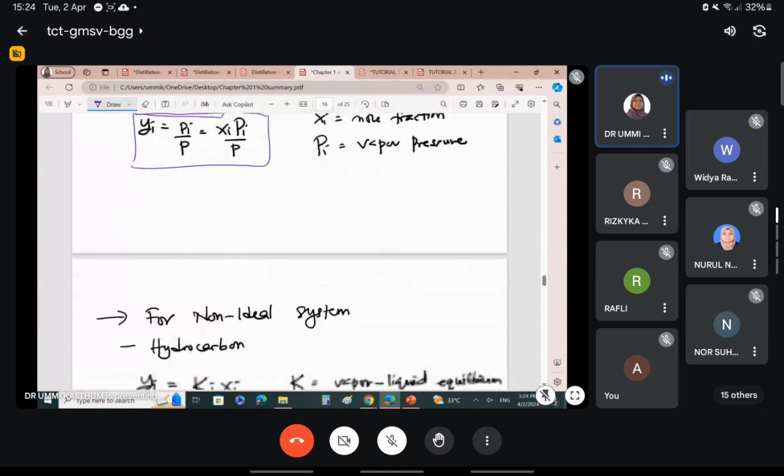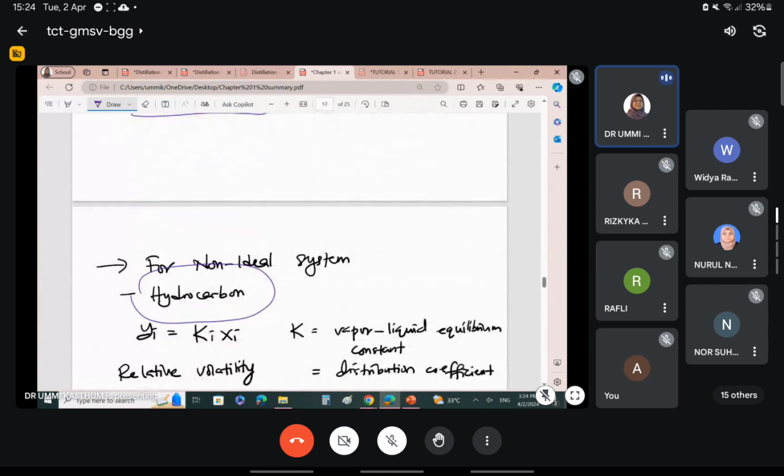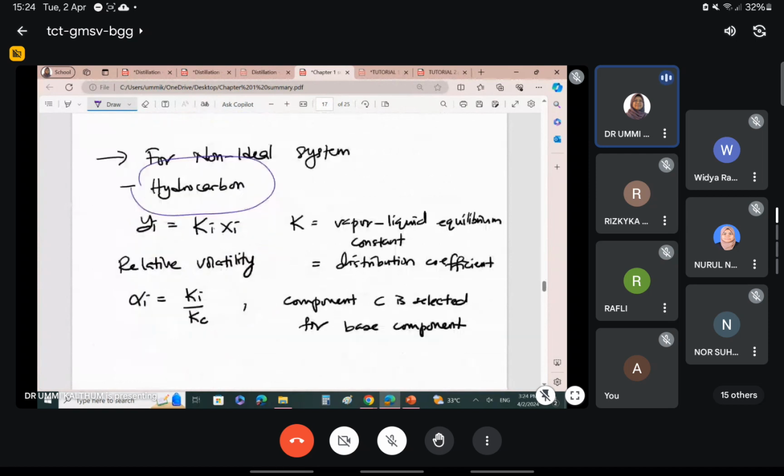Non-ideal systems usually involve hydrocarbons. Hydrocarbon is a non-ideal system. So for a non-ideal system, Yi equals Ki times Xi. K is the vapor liquid equilibrium constant or distribution coefficient. The value of K can be obtained from figure 11.7-2 for hydrocarbons. Have you seen this figure?